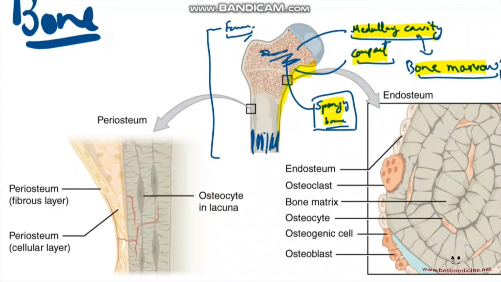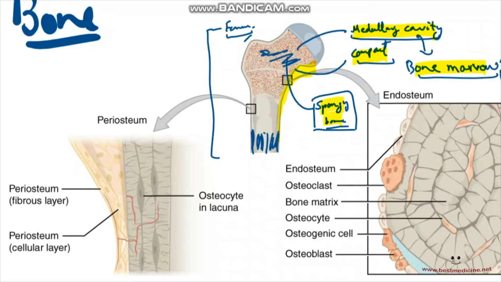Now, just like in the previous chapter, we had the cartilage, and the cartilage was usually surrounded, not in all cases, I told you the exceptions, by a dense connective tissue called the perichondrium. The cells of cartilage were the chondrocytes.